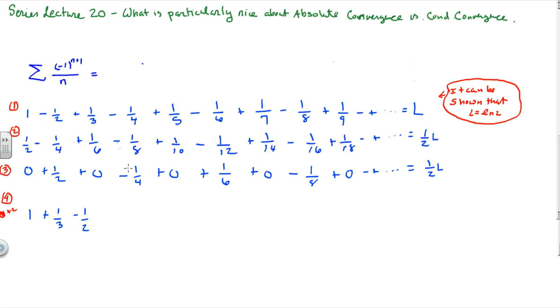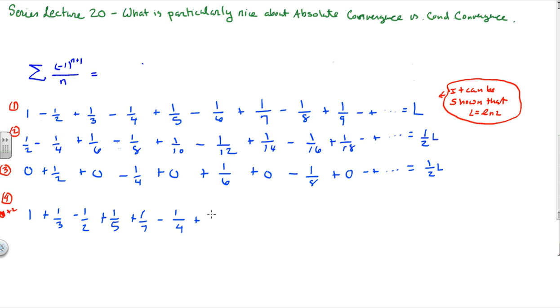The 1/4s come together, plus 1/5 plus 0. The 1/6s cancel, plus 1/7 minus, what happens when I add the 8s? I get 1/4, right? Minus 1/8 minus 1/8 is minus 2/8, which is minus 1/4 plus 1/9.